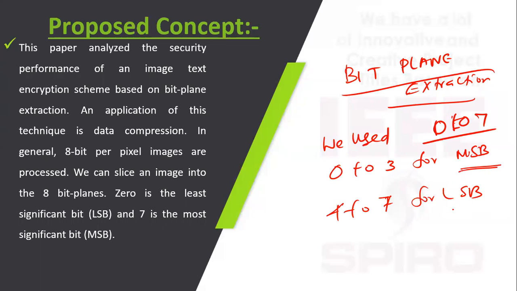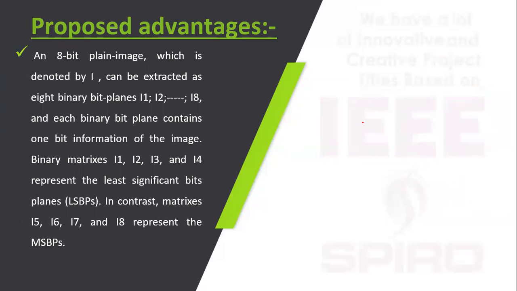MSB is the most significant bit, and LSB is the least significant bit. So with the help of these values, you will hide the text into the image. Our proposed advantages are secured and high accuracy.